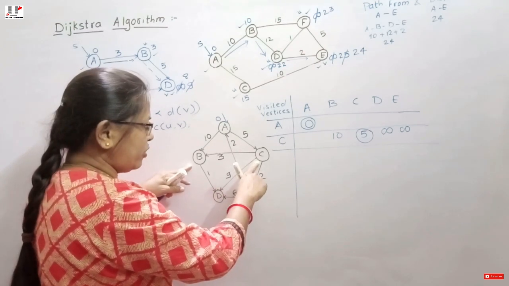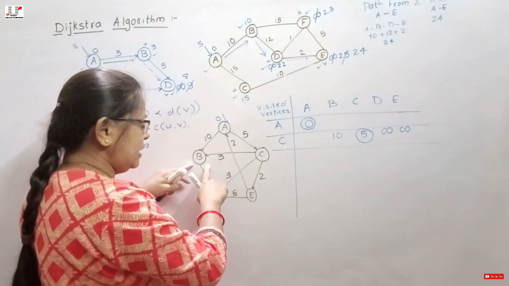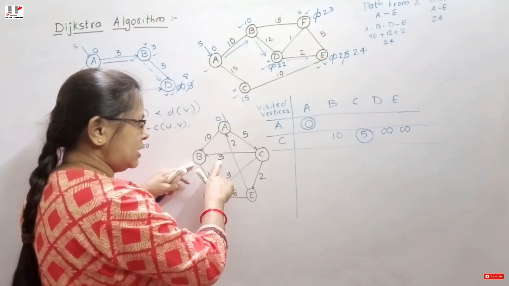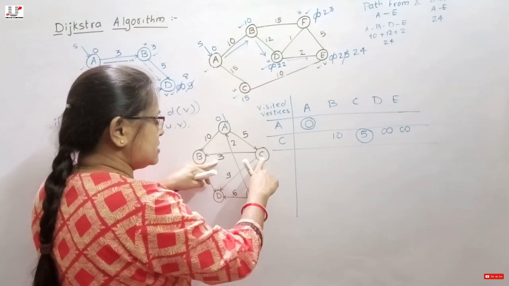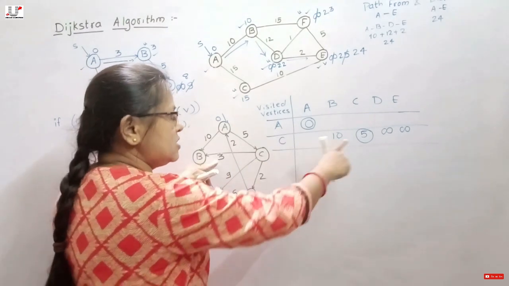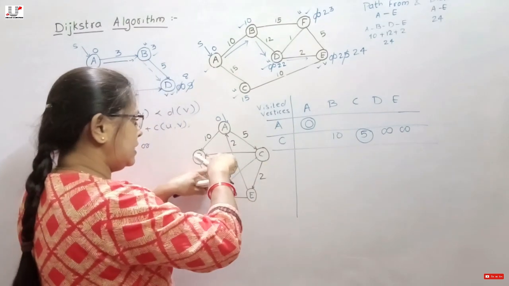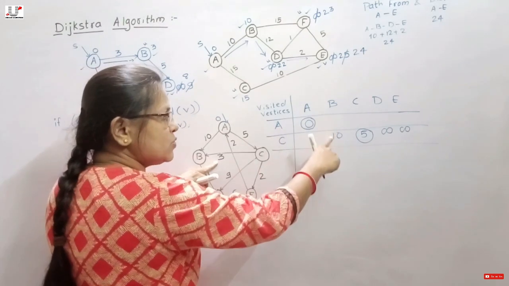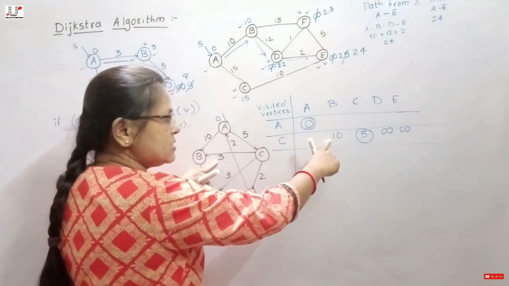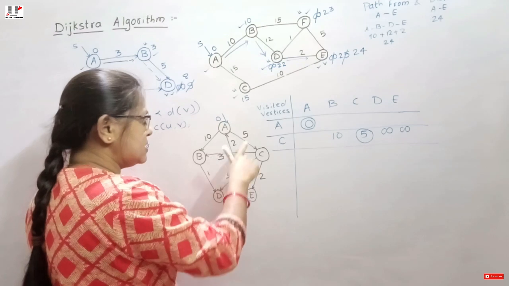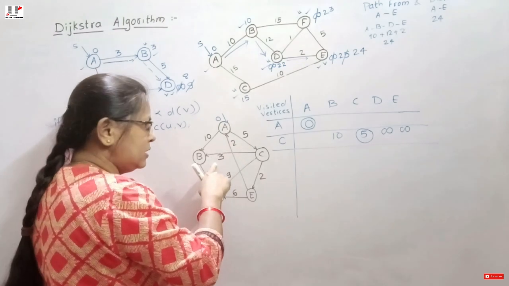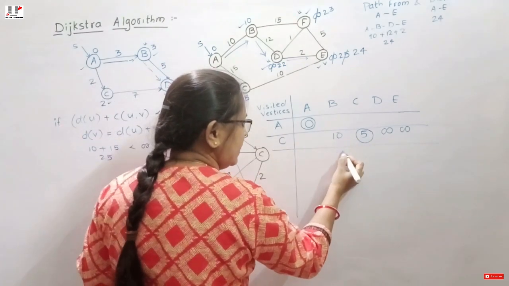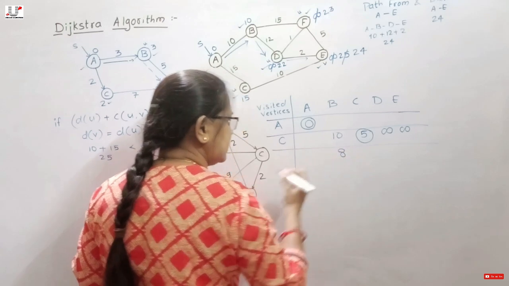So the adjacent node of this C is B with cost 3 and the distance of this C is 5. So 5 plus 3 it gives 8 and the previous distance is 10 and now the new distance is 5 plus 3, 8. So replace that 10 with 8.